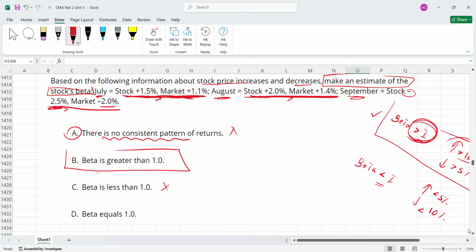No. If beta is less than 1, then the stock price should move with smaller variation as compared to the market. But in this question, the stock price is moving with greater variation than the market. Beta is equal to 1? No, it's not equal to 1, because if beta is equal to 1, then stock and market should change in the same proportion. But here the percentages are different, and the stock has more variation as compared to the market. So which is the correct option? B is the correct option.